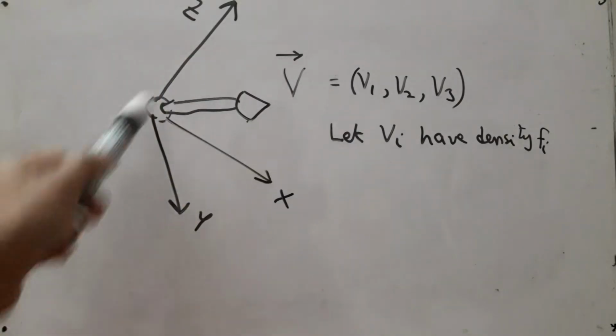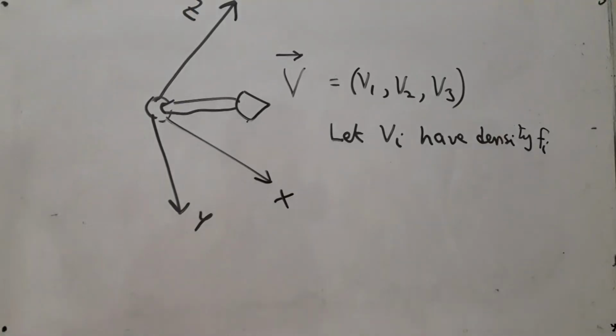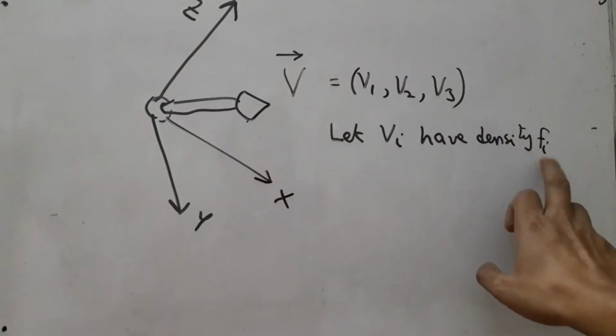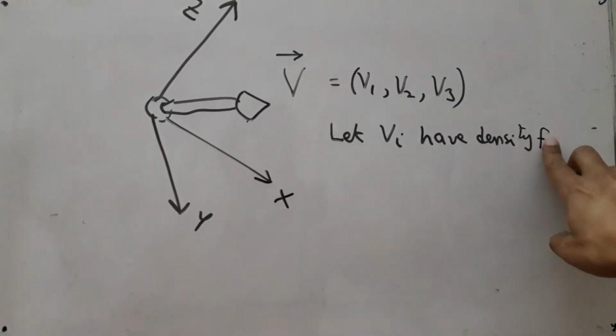Because these three directions are chosen by us, the physicists, completely arbitrarily. The molecules obviously do not know about these things. As a result, we conclude that all the Vi's must have the same density. We can drop the subscript i from here.